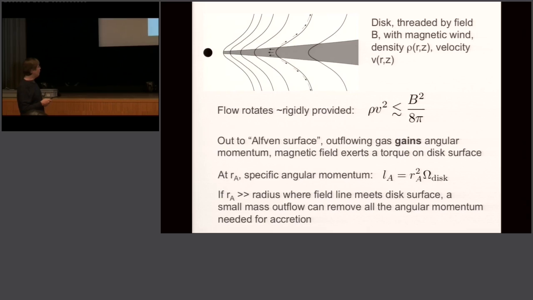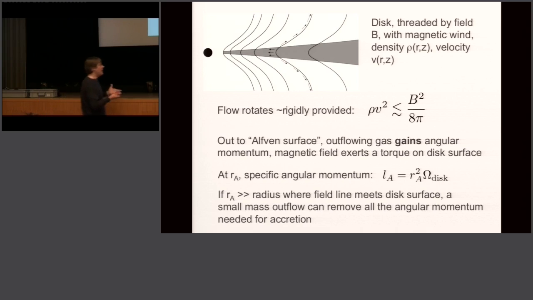So the key point here is that if this Alfvén radius is much larger than the radius where the field line meets the disk surface, so if we go a long way out before we reach the Alfvén surface and we start to lose this rigid rotation of the field line, then a relatively small amount of mass flowing out through this wind can remove all of the angular momentum that is needed for accretion. Okay?